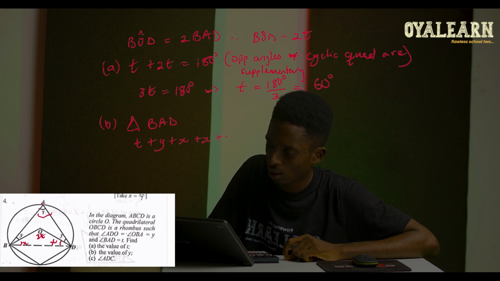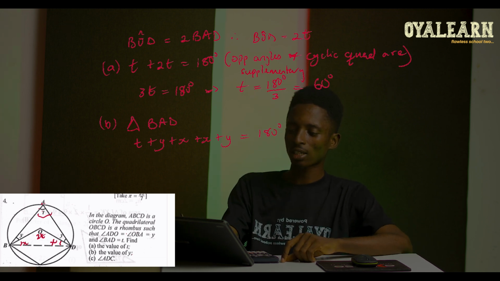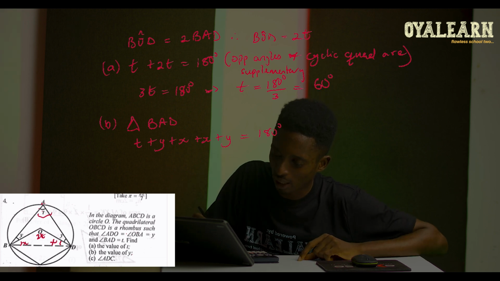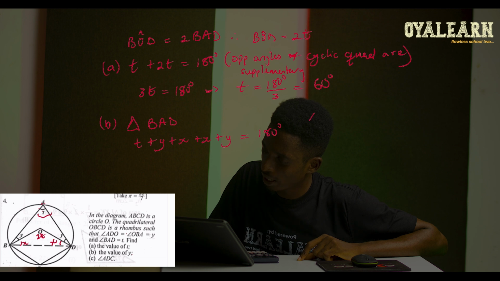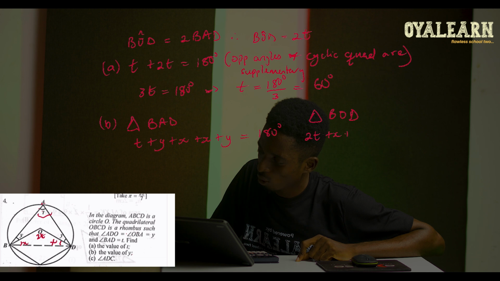equals 180 degrees. But here we only have the size of t. We do not have the size of angle x. So to solve for x, I'm going to look at the other triangle we have here, which is BOD. Considering BOD, we should have that 2t plus x plus x should be 180 degrees.